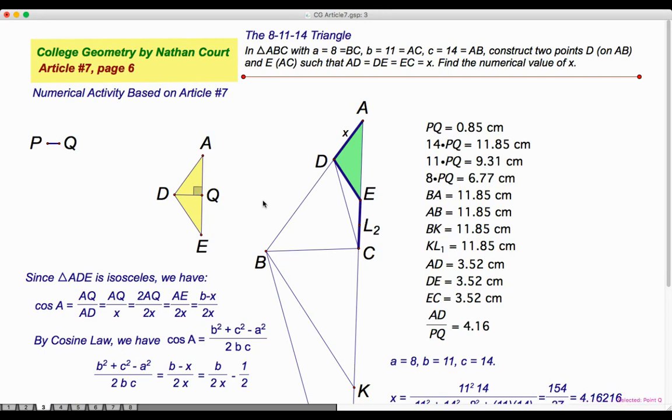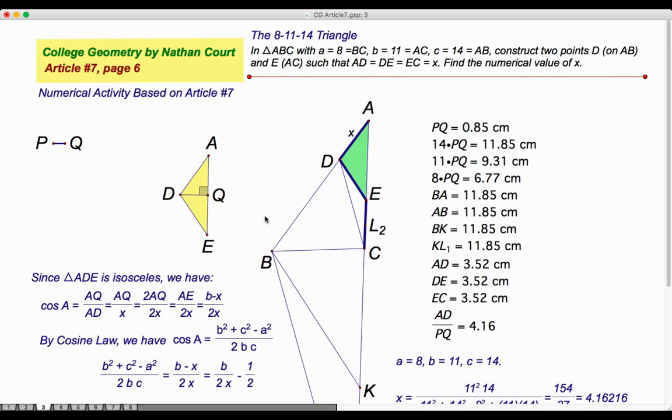So, let's do now the numerical computation, away from the construction problem. So triangle ADE, which I reconstructed on this side, is an isosceles triangle, because AD is congruent to DE, and therefore I can construct point Q, which is the altitude here, and hence cosine A is equal to AQ divided by the hypotenuse AD.